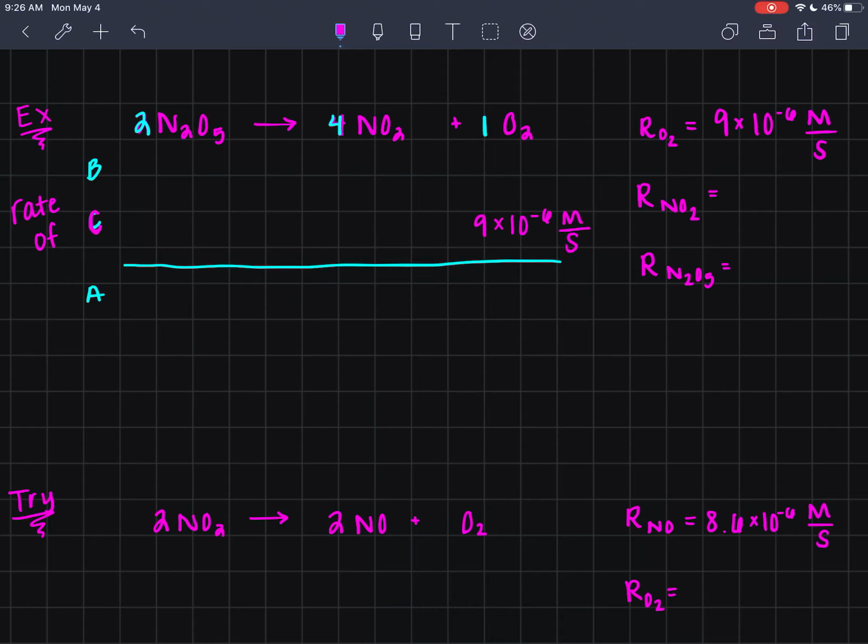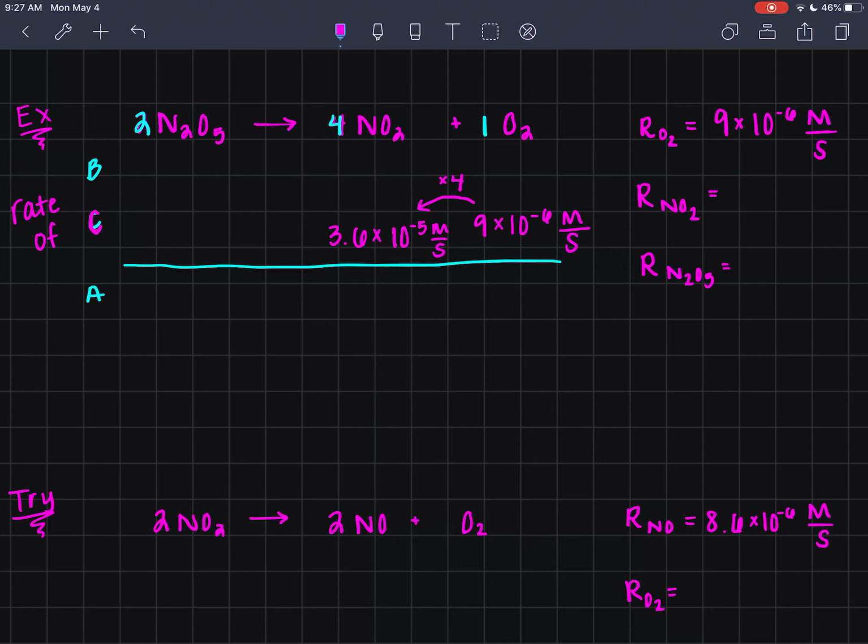If I wanted to figure out my other components, how they're changing, I'd use my mole ratios. There's a 1-to-4 ratio between oxygen and nitrogen dioxide, which means that I need to multiply by a factor of 4 to get my rate that nitrogen dioxide is being produced. When I do this, I get 3.6 times 10 to the negative 5th molar per second. So that's simple enough.